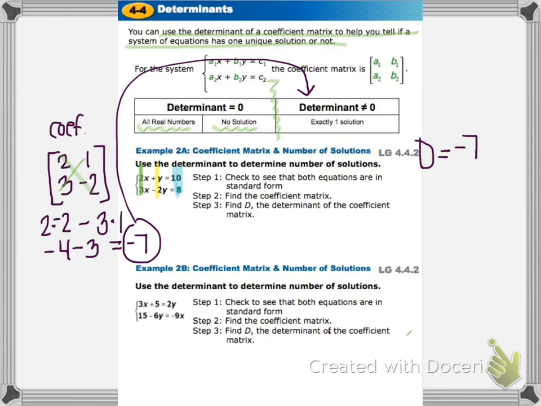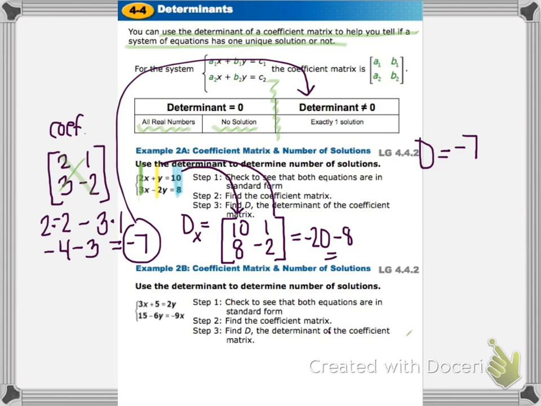Now if we took that coefficient matrix, but instead of putting the x coefficients in the first column, we took the two constant terms from the other sides of the equations and substituted them in place of the x's, but kept the y's exactly the same, 1 and negative 2, we would call that D sub x. So it's the determinant where we replace the x column with the solution column. It would be 10 times negative 2, which is negative 20, minus 8 times 1, which is 8. So it's negative 20 minus 8, which is negative 28.